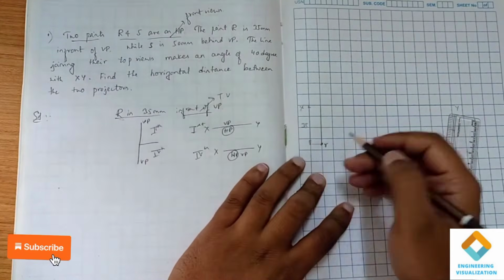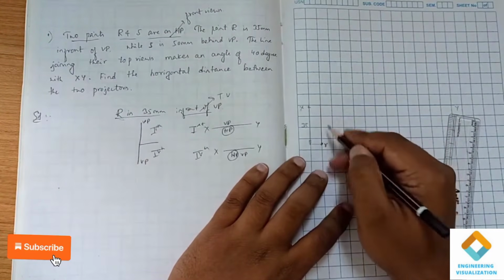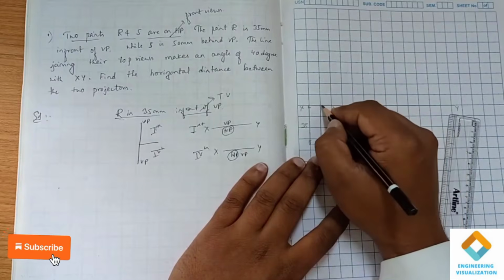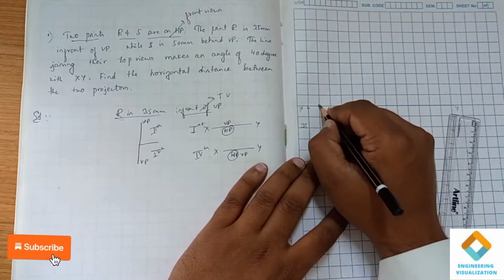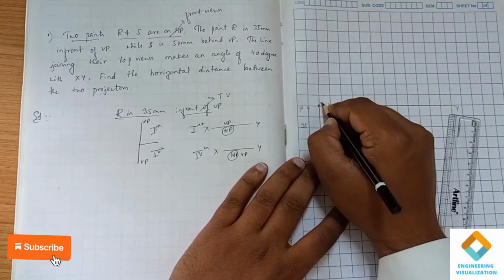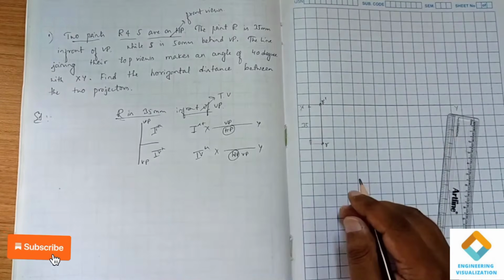We know that top and front view are collinearly joined. The front view of R is on the XY line, so that is R dash. Now we will proceed.